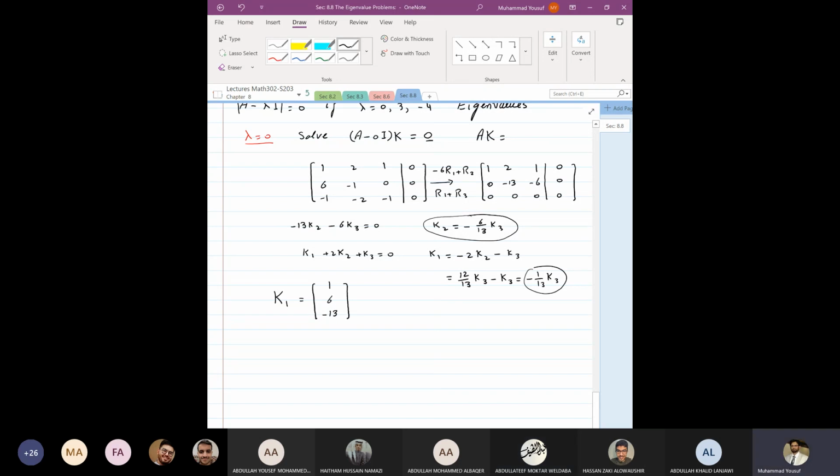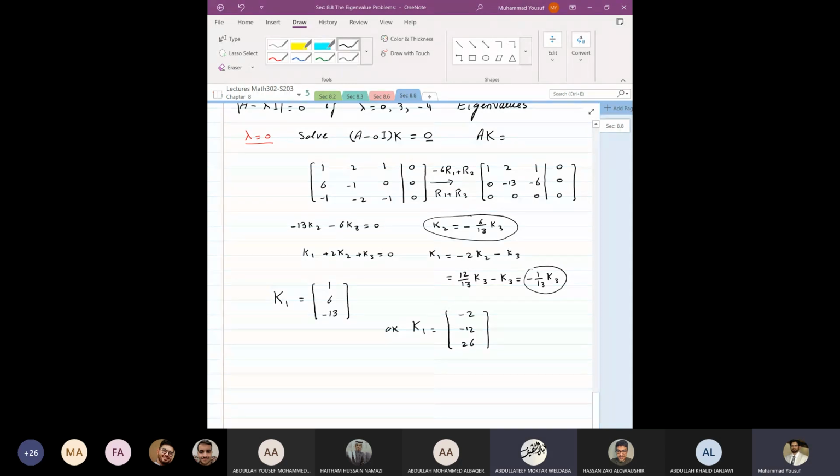Now, we can also have, let's say, K3 equal to 26. Then what is K2? Negative 12. What is K1? Negative 2. Are these two different vectors? Are they linearly independent?